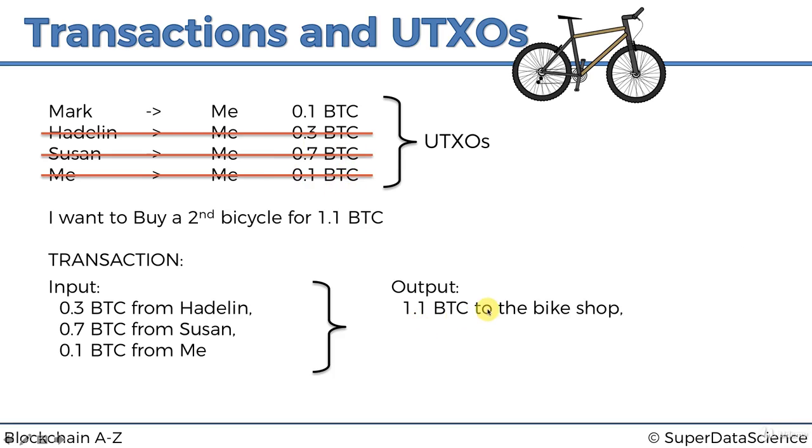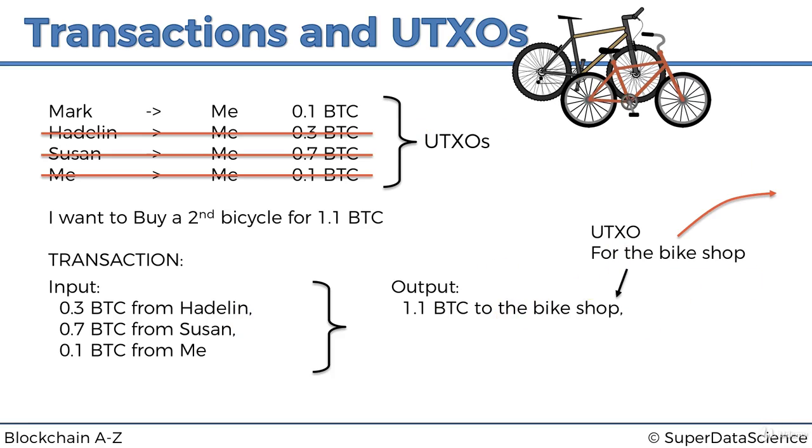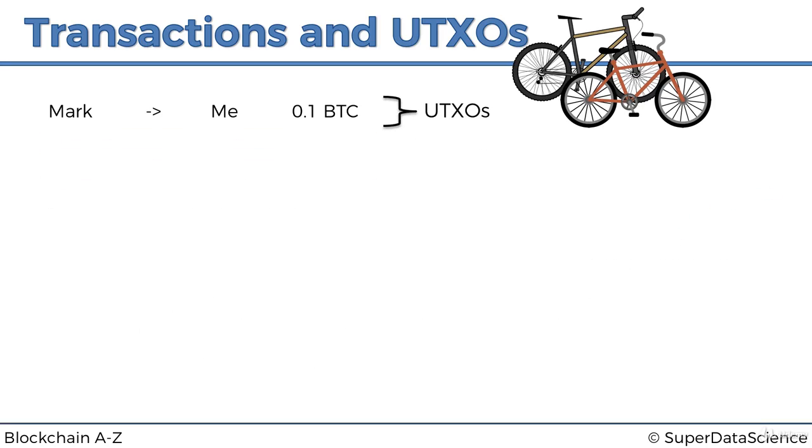On the other hand, the bike shop will have a UTXO. The bike shop will have received this money, and as the result of this transaction, the bike shop has a UTXO. It'll go into the blockchain, but whenever they calculate the UTXOs, they'll see this as a UTXO until it feeds into something else. And I will get a bike. Now, if we recalculate our UTXOs, you'll see that I only have one UTXO left.